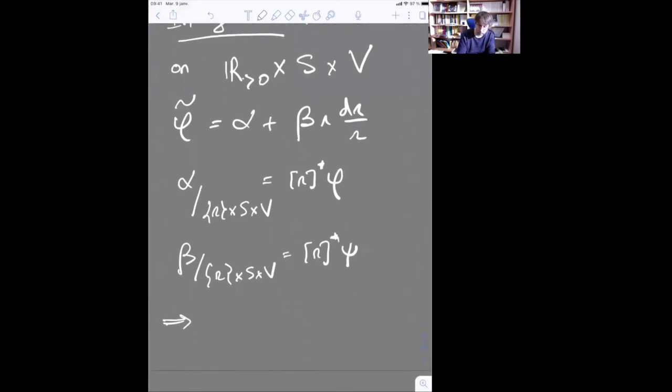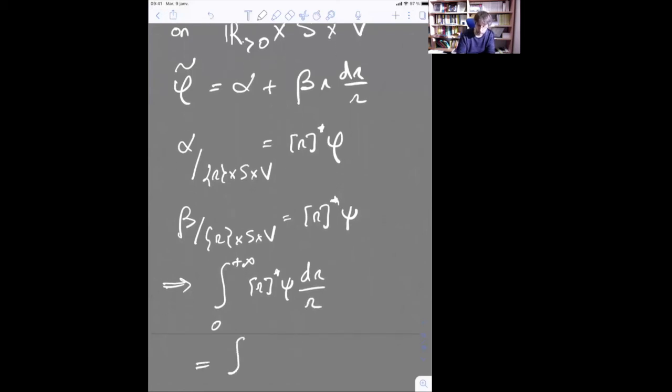the integral that we have considered is just the integral from 0 to infinity of phi tilde in the r variable.